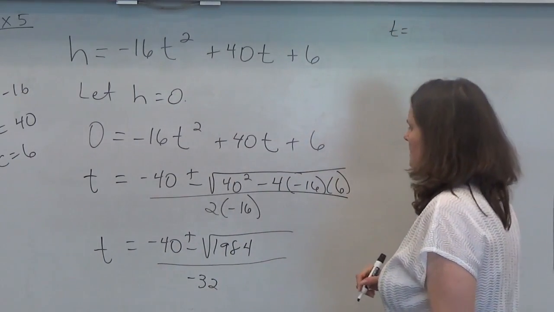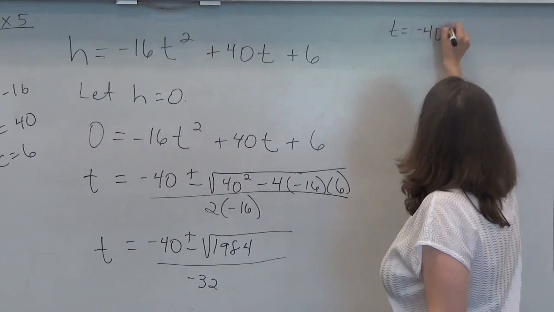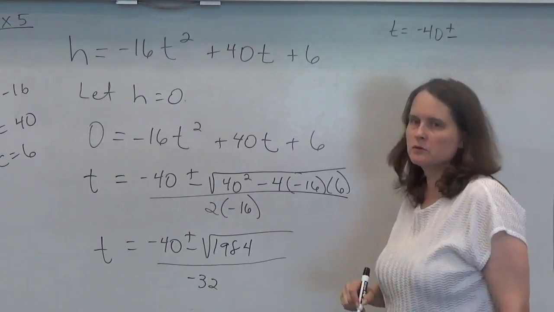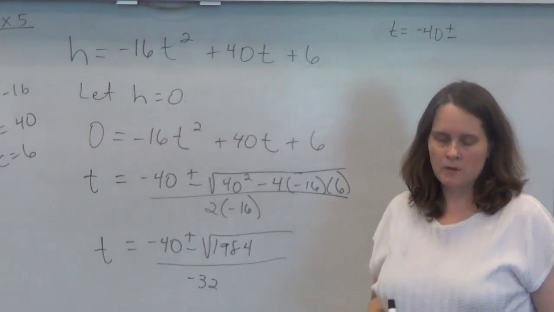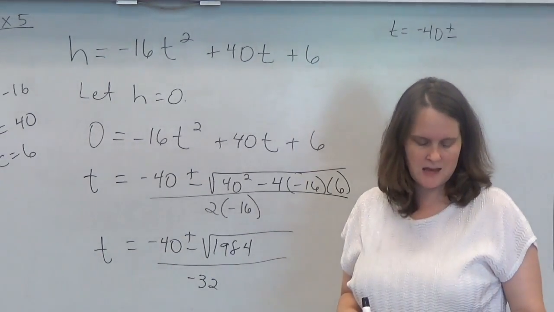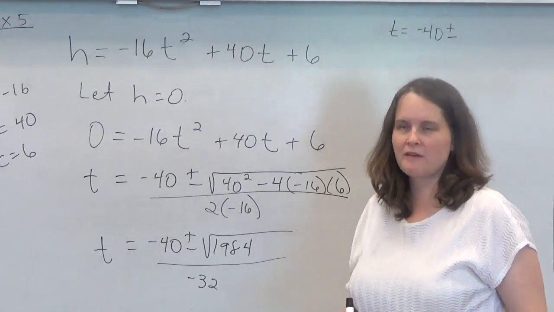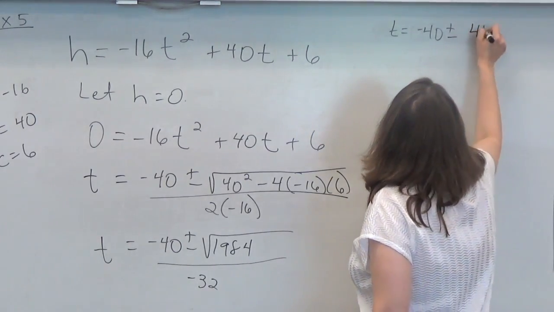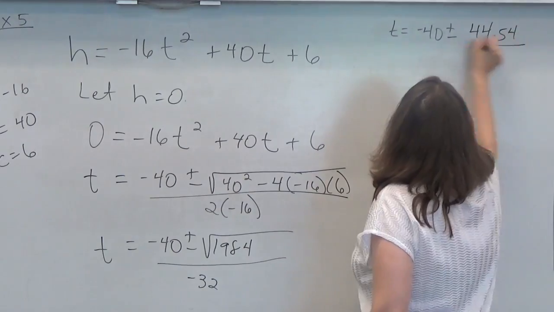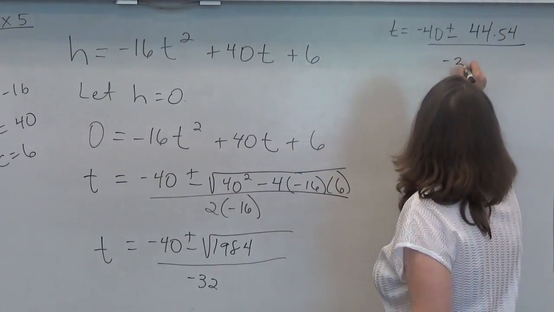Okay, so we've got negative 40 plus or minus the square root of 1,984. And you should have gotten 44.54 over negative 32.